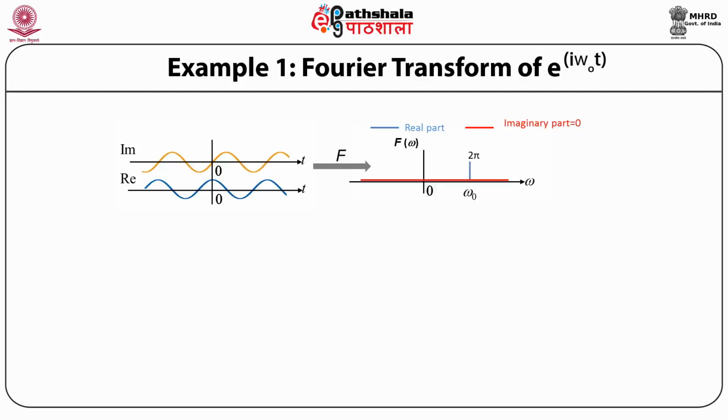So when we solve the Fourier transform of e power j omega naught t, we have to multiply it by e power minus j omega t dt and integrate from minus infinity to infinity.